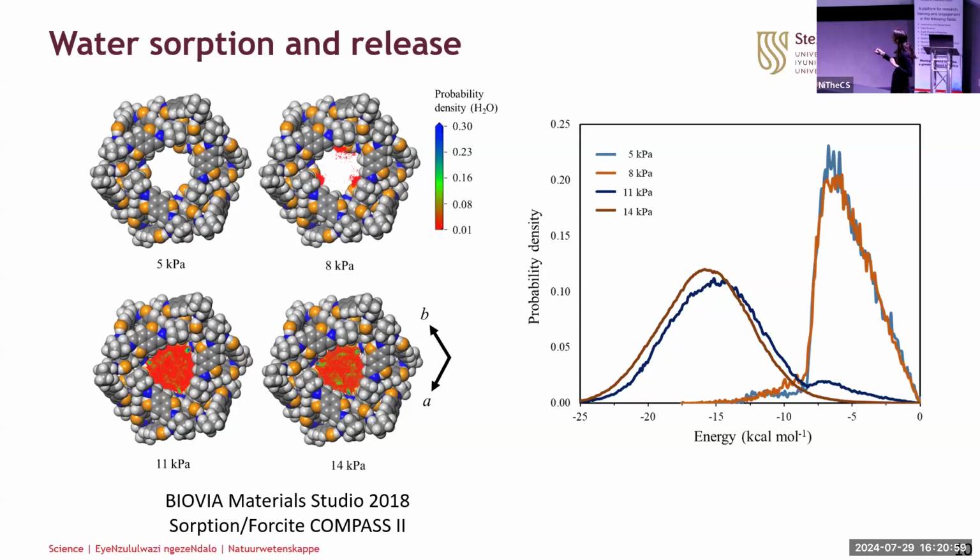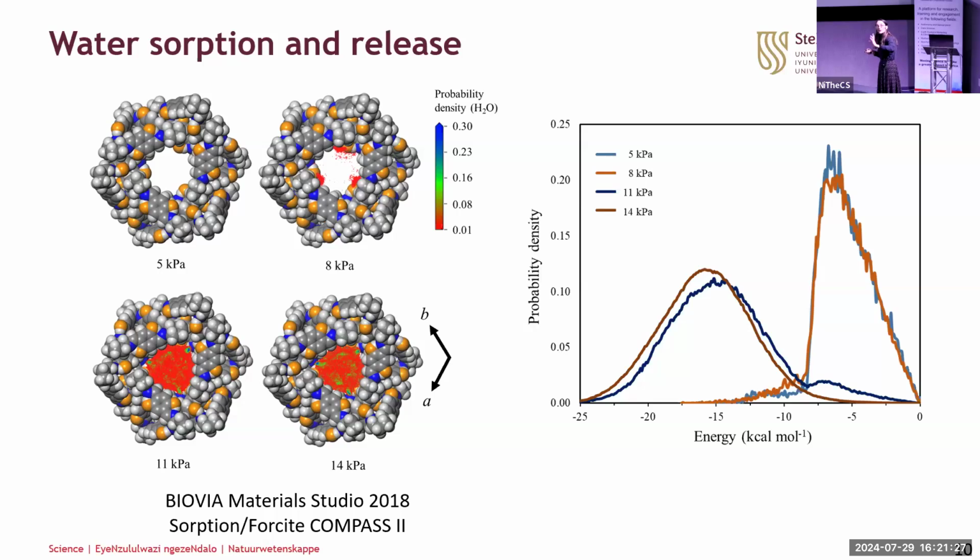And what you see there is when you have very low humidity, the channels are basically empty, as one would expect. And as we increase the amount of water, what you see is those water molecules stick on these 3 points over here. And those 3 points are OH groups on that trianglamine.